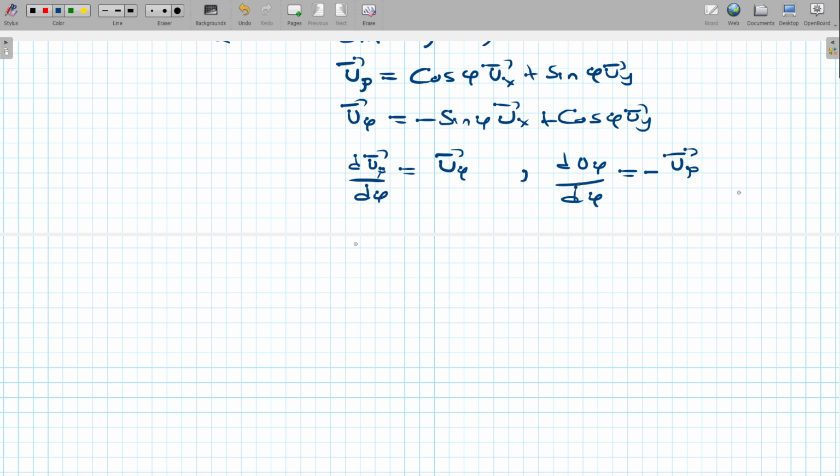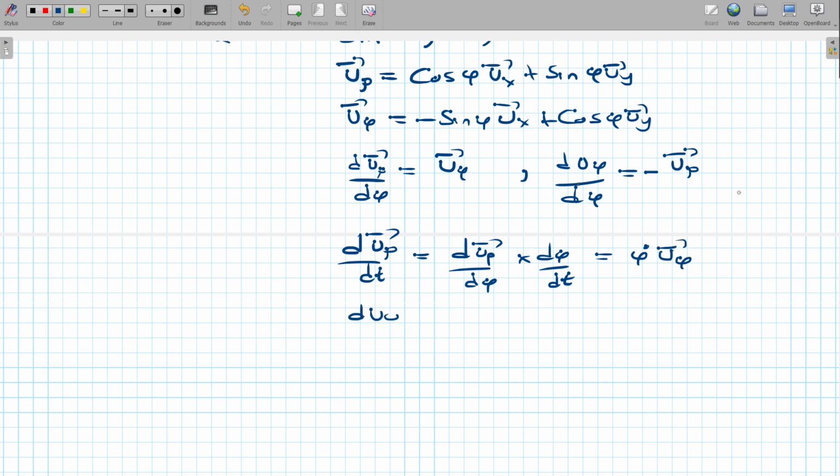And then we also said that the derivative of u rho with respect to time is going to be equal to the derivative of u rho with respect to phi multiplied by the derivative of phi with respect to time. If you evaluate, you get phi point u phi. Then the derivative of u phi with respect to time is equal to the derivative of u phi with respect to phi multiplied by the derivative of phi with respect to time.